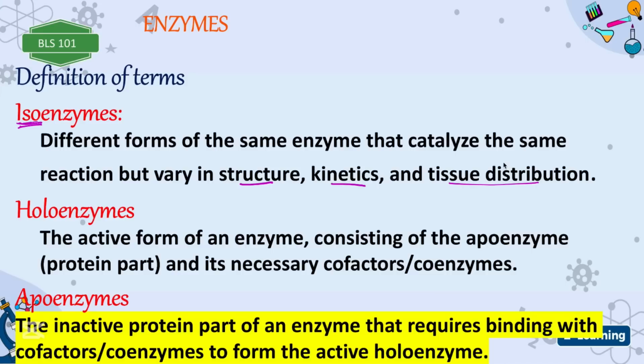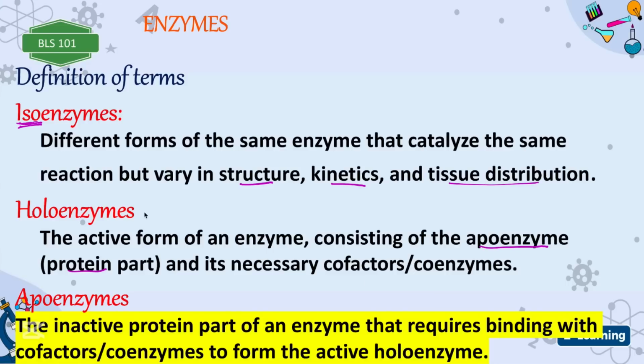Then we have the holoenzymes. The holoenzymes are the active form of an enzyme, consisting of the apoenzyme, the protein part, and its necessary cofactor or coenzyme. Is that okay? That is the holoenzyme. Then we have what we call the apoenzyme. The apoenzyme is the inactive protein part of an enzyme that requires binding with cofactor or coenzyme to form the active holoenzyme.